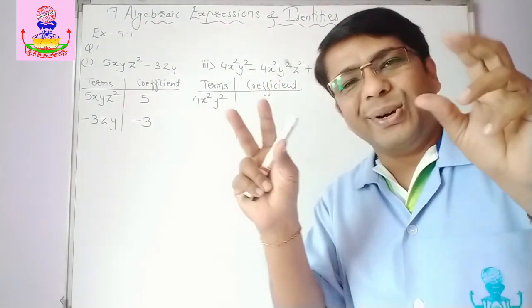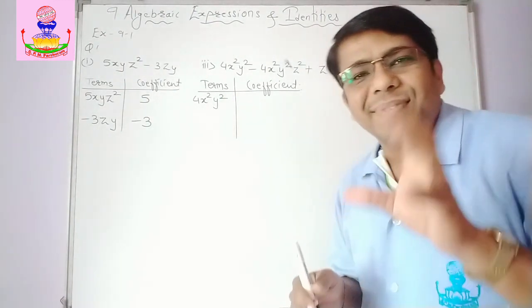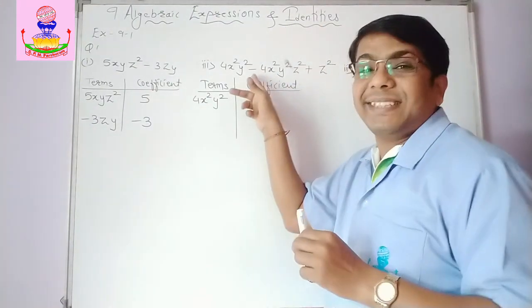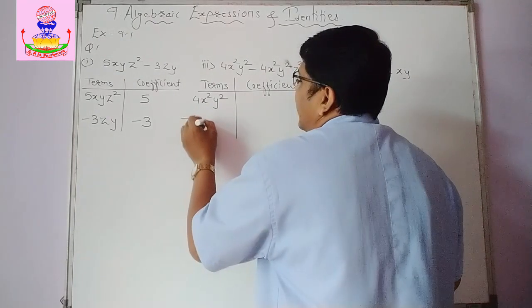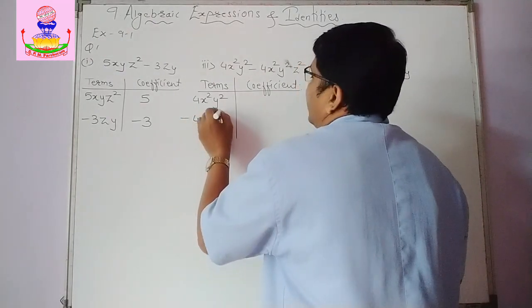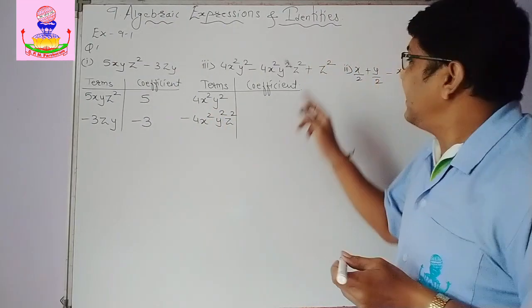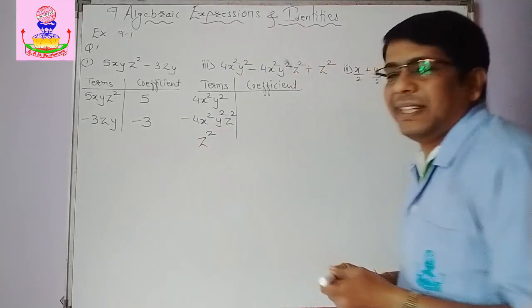He does some notorious things. So don't forget that naughty fellow. Okay, and so minus 4x square y square z square. That is the next term. And the last term, yes, obviously, z square. It is plus z square.